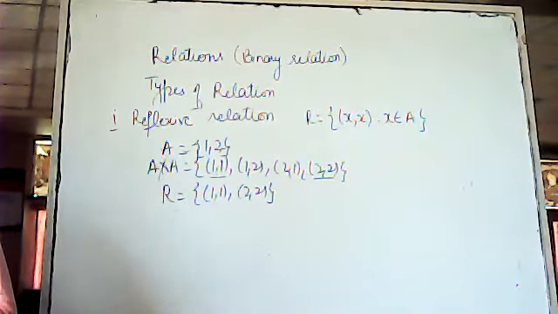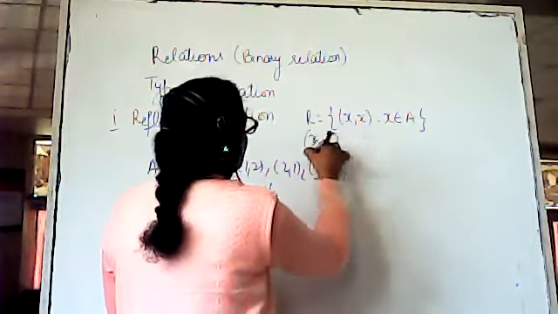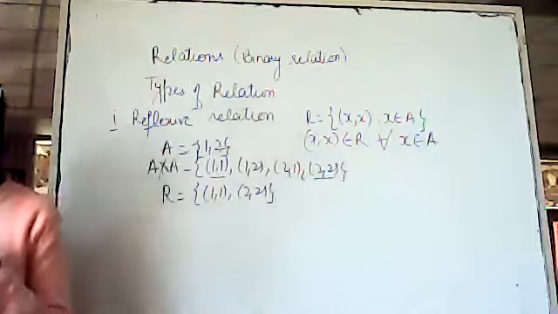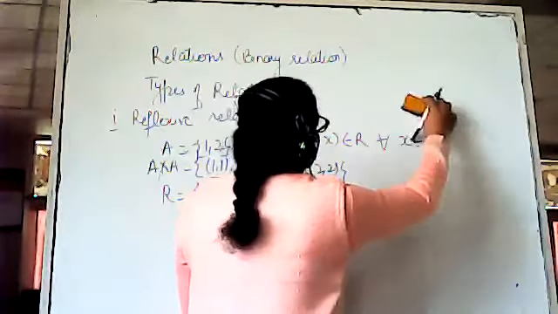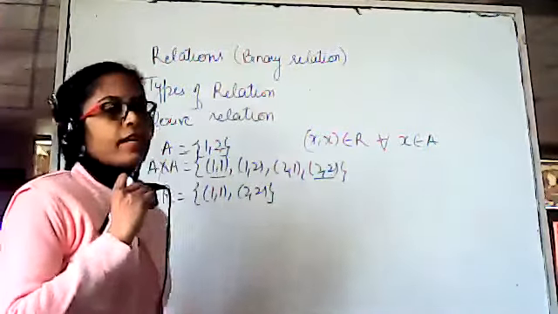Thus R is reflexive if and only if ordered pair XX belongs to relation R for every X belongs to the set A.